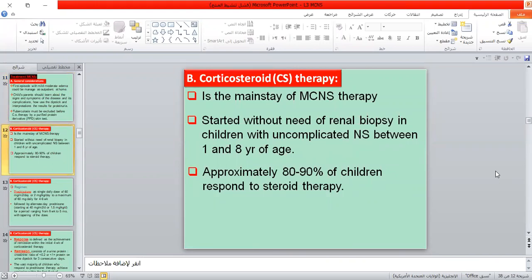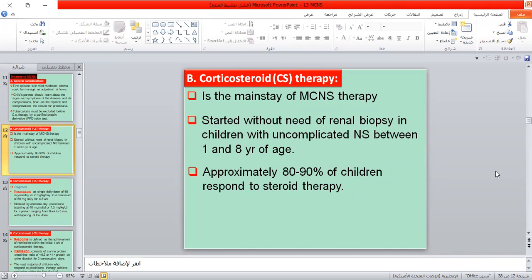The cornerstone of the treatment of nephrotic syndrome is corticosteroid therapy, which is prednisolone. We start it without need for renal biopsy, as I said, in children with uncomplicated nephrotic syndrome between 1 and 8 years old: any patient with proteinuria and edema, with no hypertension, no hematuria, no renal insufficiency, and no extra renal manifestation.